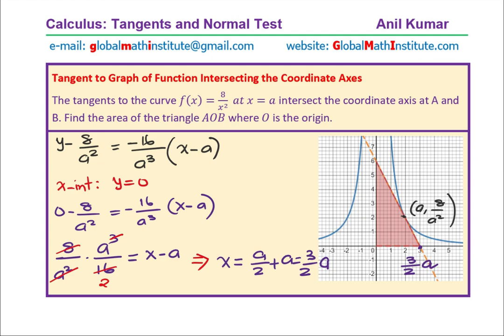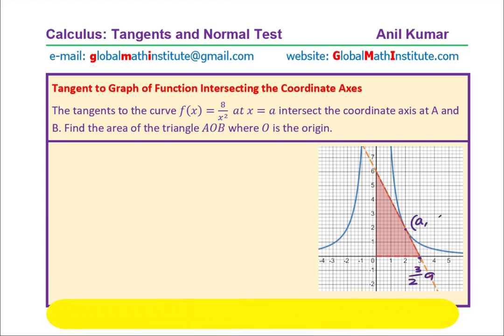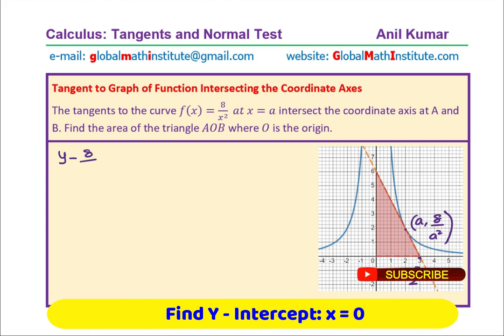And now let us find the y-intercept. We got 3 by 2 a as the x-intercept when the tangent was at a, 8 over a squared. We are working on the line y minus the y value, which is 8 over a squared, equals the gradient, minus 16 over a cubed, times x minus a.